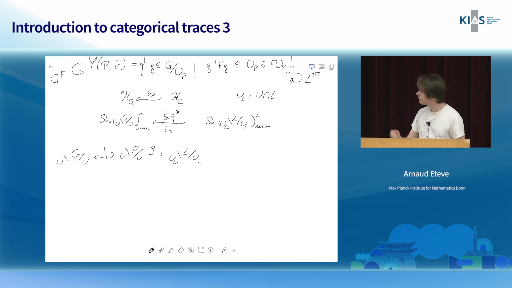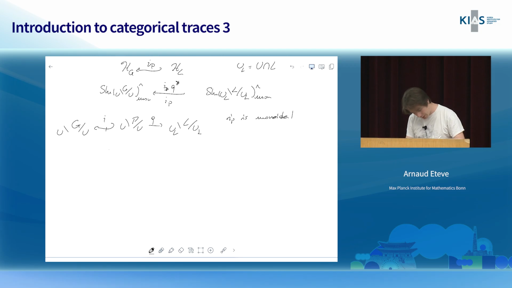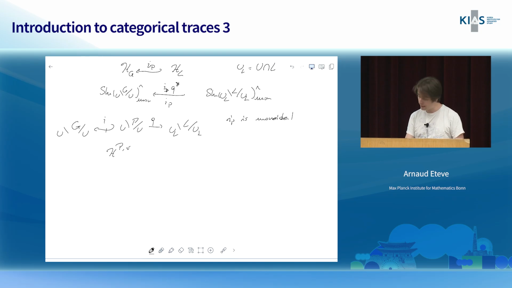Okay, and so it's not hard to show that this I_P is monoidal, compatible with Frobenius in a reasonable sense. And then you can define a similar subcategory. So I have chosen my P and I have chosen my element V in the Weil group, and I can take just the subcategory of completed monodromic sheaves on the double coset P V F(P).